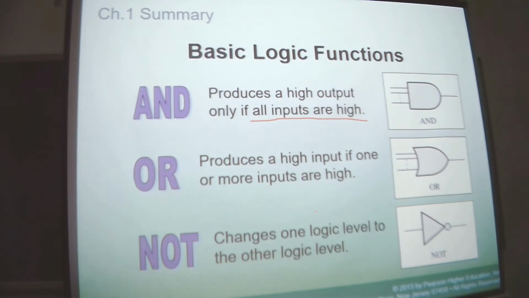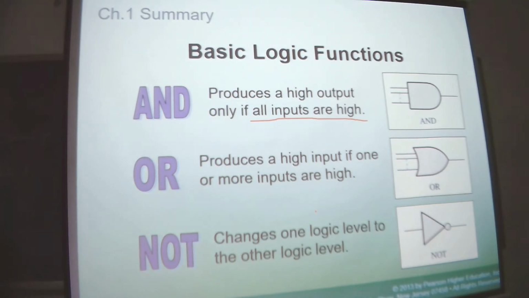So if the level of the input is high, then the output is low. If A equals 0, Y equals 1.